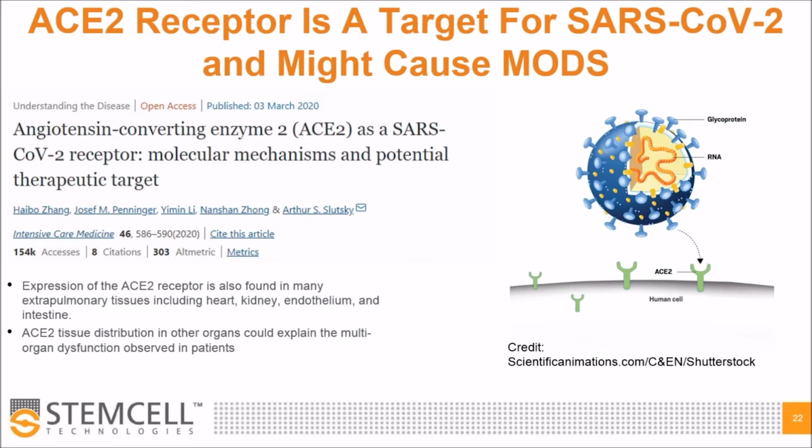So knowing this, we asked the question whether human airway epithelial cells cultured in PneumaCult express this receptor, and whether this system could then be a good model for studying SARS-CoV-2.